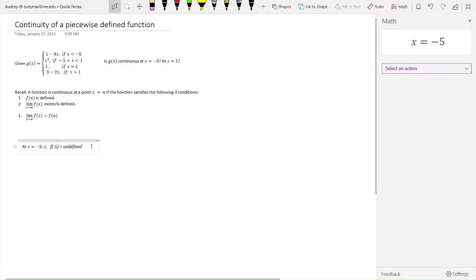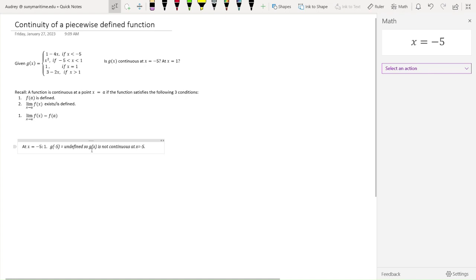Because the function is undefined at negative 5, that means that g of x is not continuous at x equals negative 5.